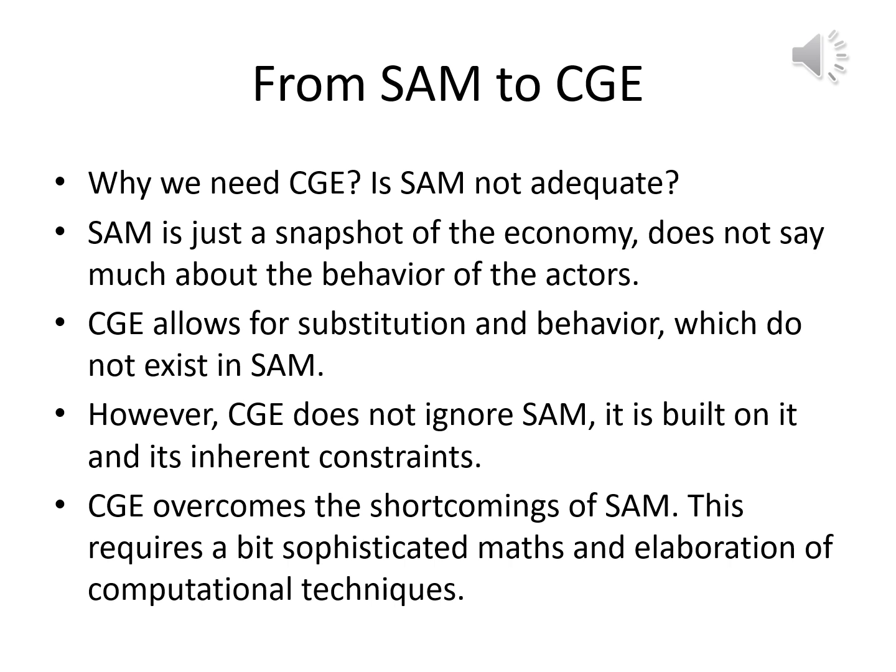But a CGE allows for all these. You can get substitution. You can model the behavior of the actors. In this case, we will be modeling the behavior of households.